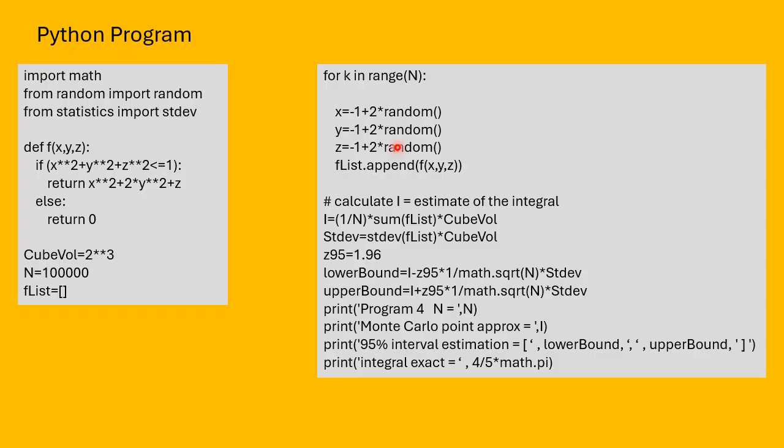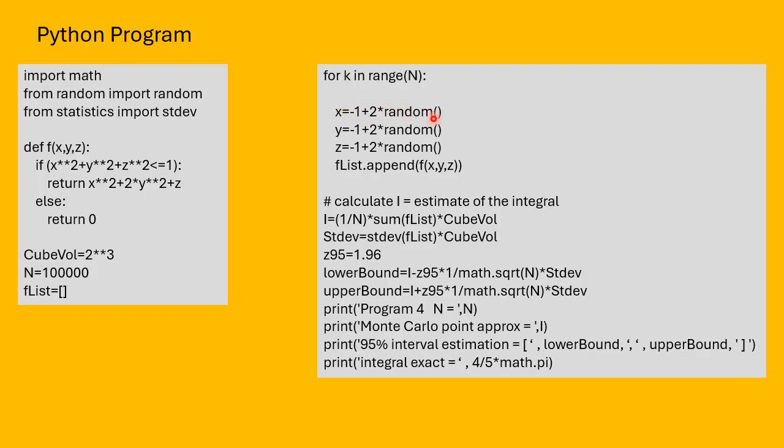Each time we should get a different value for random, and the values of x, y, and z calculated by these formulas will be numbers between minus 1 and 1. For instance, let's look at this line. If we have random equaling 0, then x will be minus 1 plus 2 times 0. That's minus 1. If random equals, on the other extreme, 1, then we'll have x is minus 1 plus 2 times 1, and that's 1.